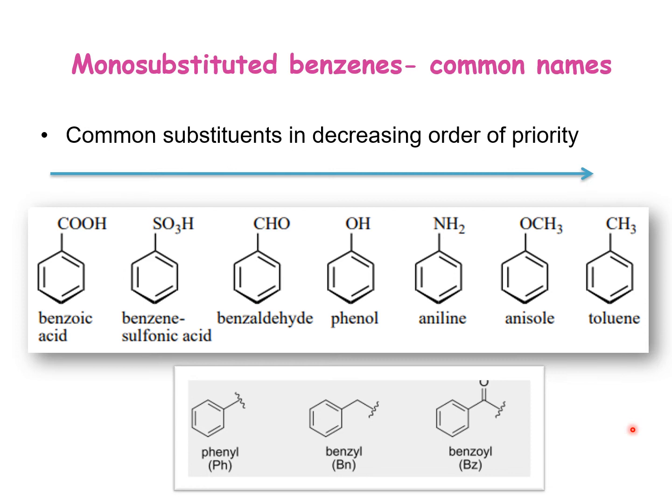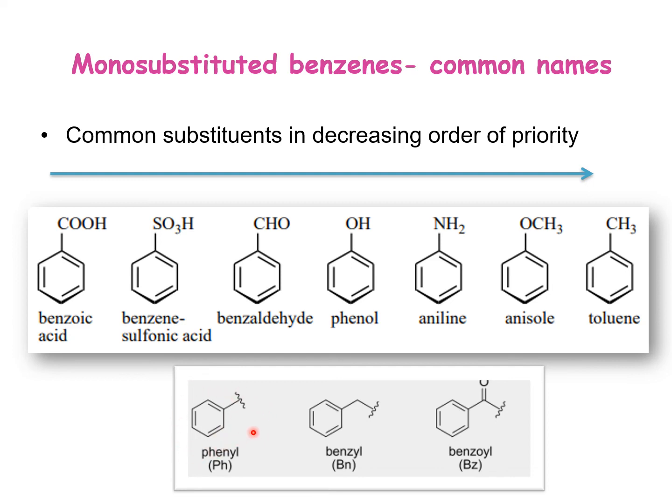There can be a case where benzene can be named as a substituent. If in the structure you need to mention benzene as a substituent, if there is a ring directly attached to another functional moiety, and you are writing this ring as a substituent to that moiety, then that ring is called phenyl.